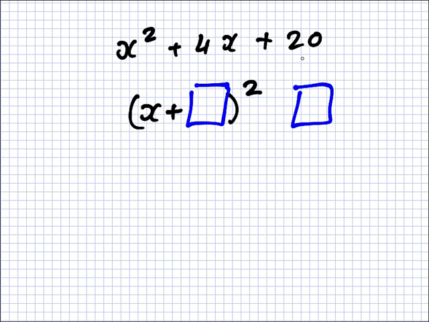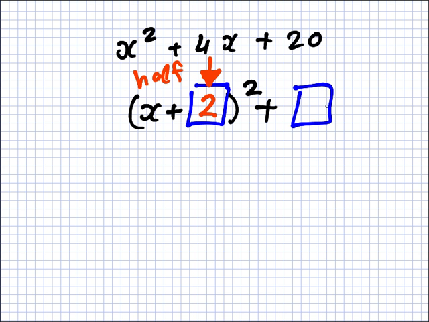So we're looking for 2 numbers. The first number, how do we get the first number? b divided by 2. Yeah, it's half the middle number, okay? So that's half the middle number. So because that's a plus, that'll be plus 2, okay?